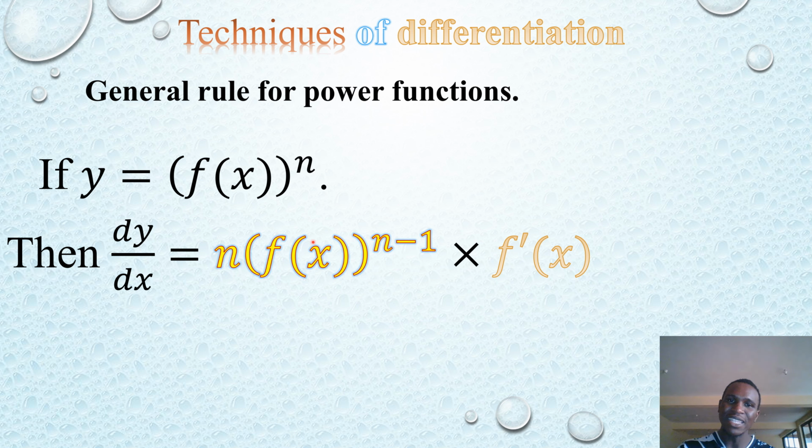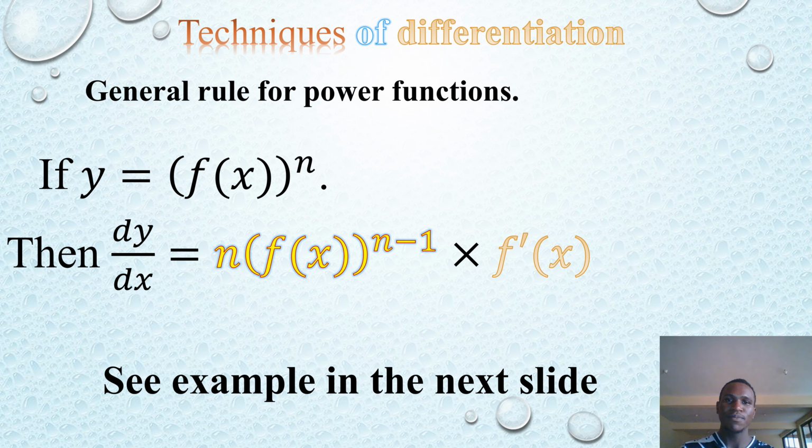Then the answer you get, you multiply it by the derivative of the inside function. This is an application of the chain rule. We'll see it subsequently, but we just have to use it now, okay? But differentiate this and multiply. So let's look at an example to this part.